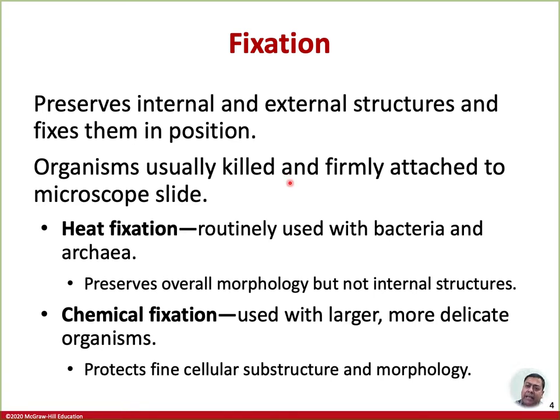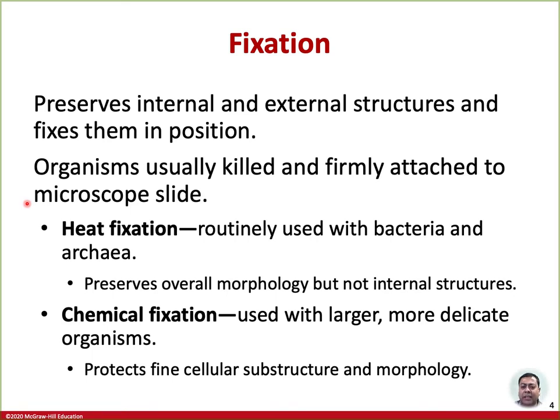It inactivates the enzymes that might disrupt the cell morphology and toughens the cell structure so that they do not change during the staining and the observation. The microorganism is usually killed and attached firmly on the microscope slide during the fixation, so that when you stain the specimen, it will not be washed off by these several procedures.